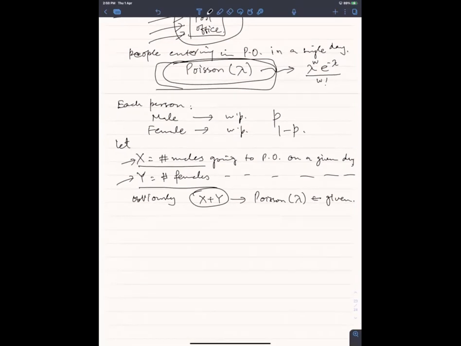So I would like to find out if x and y are independent. Are x and y independent?